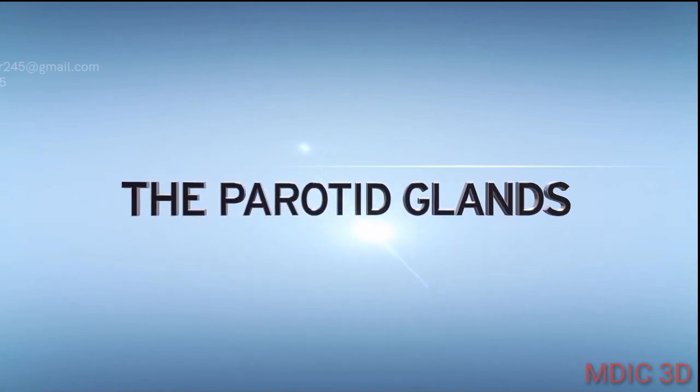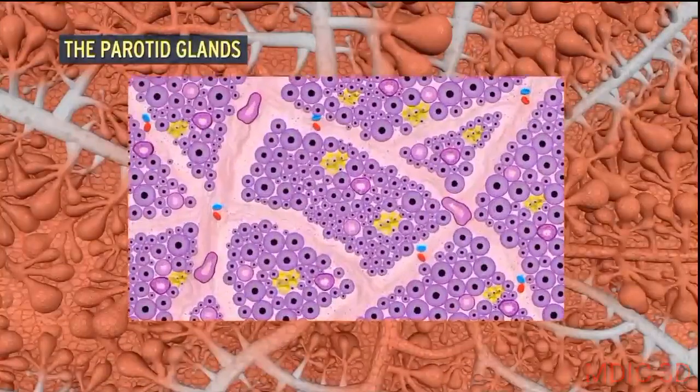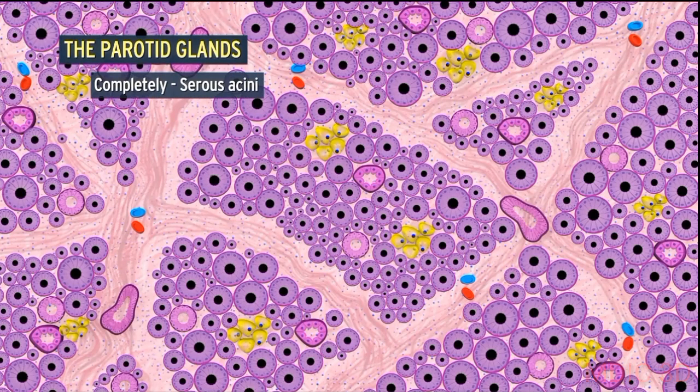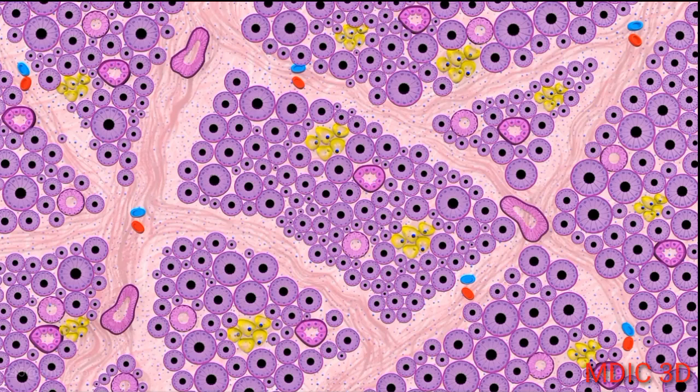The parotid glands. The parotid glands are completely made up of serous acini. Hence, they are also known as the serous glands.